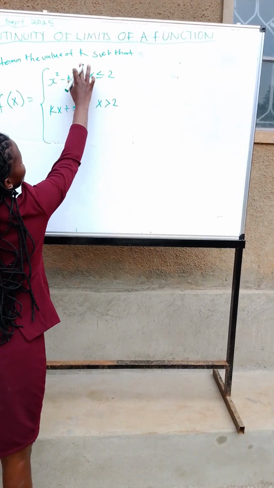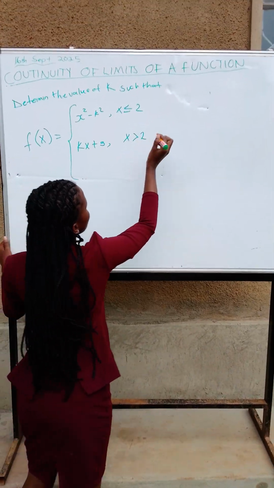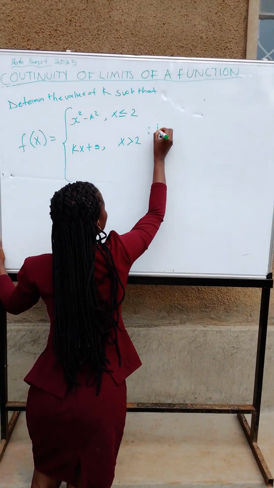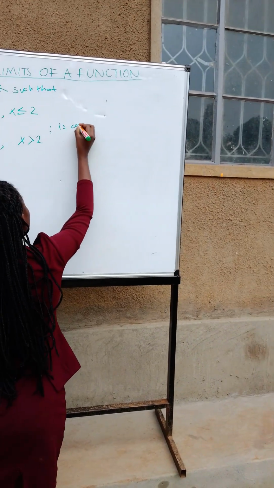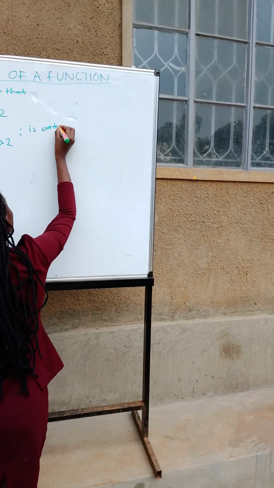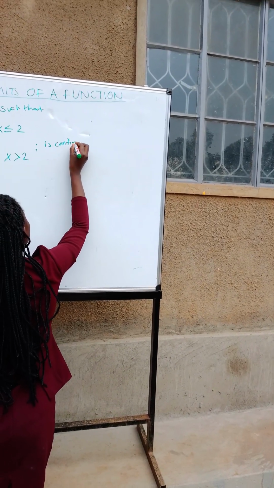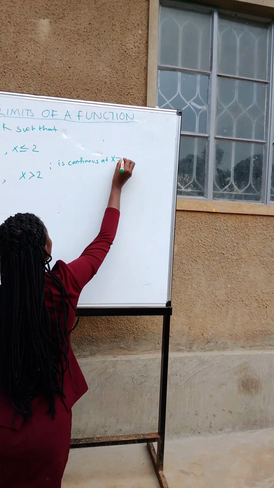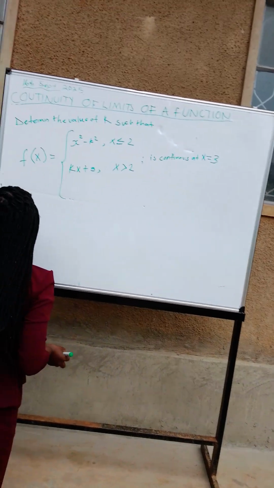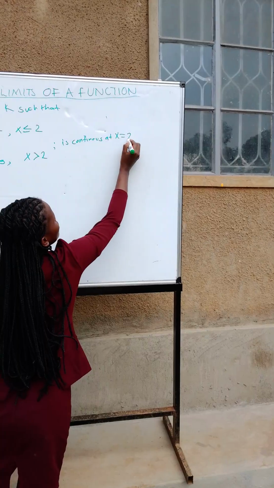Determine the value of k such that this function is continuous at x equal to 2.